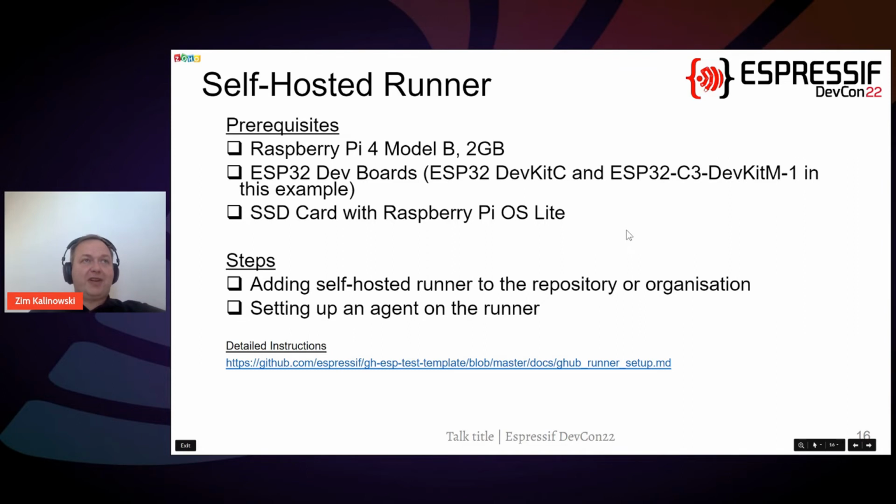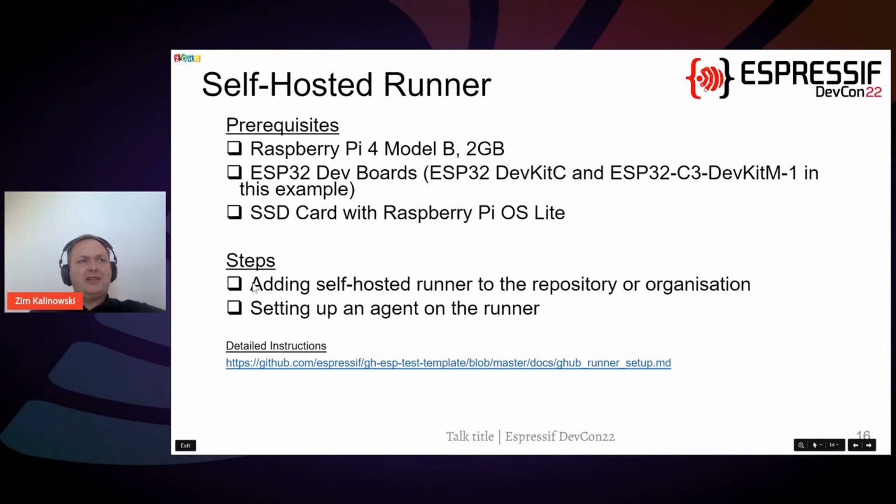Of course, these prerequisites are used in our example, but you can follow the same instructions. You can actually set up a self-hosted runner on any Linux machine or maybe even a Windows machine. So I think the instructions can be modified to use almost any hardware.